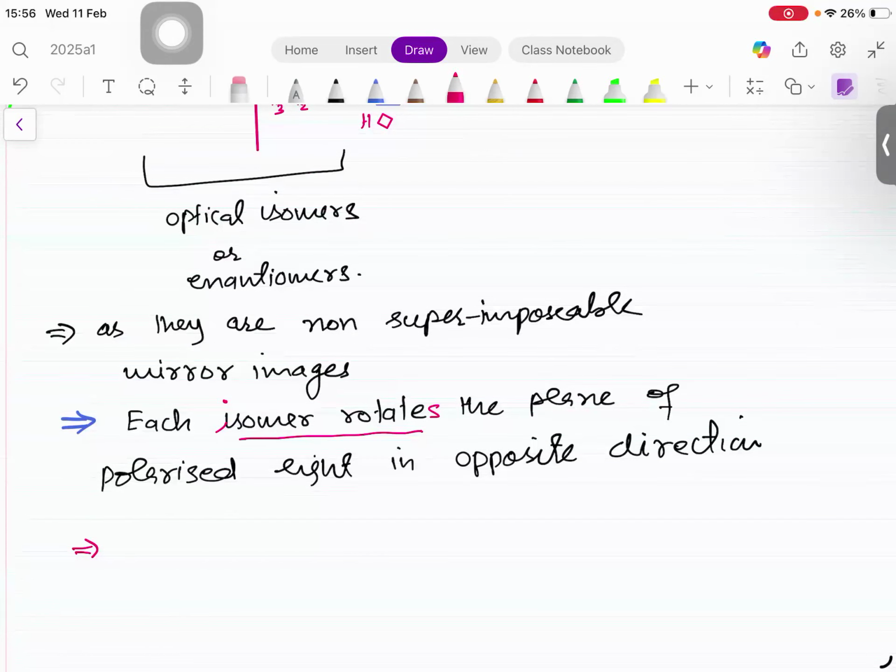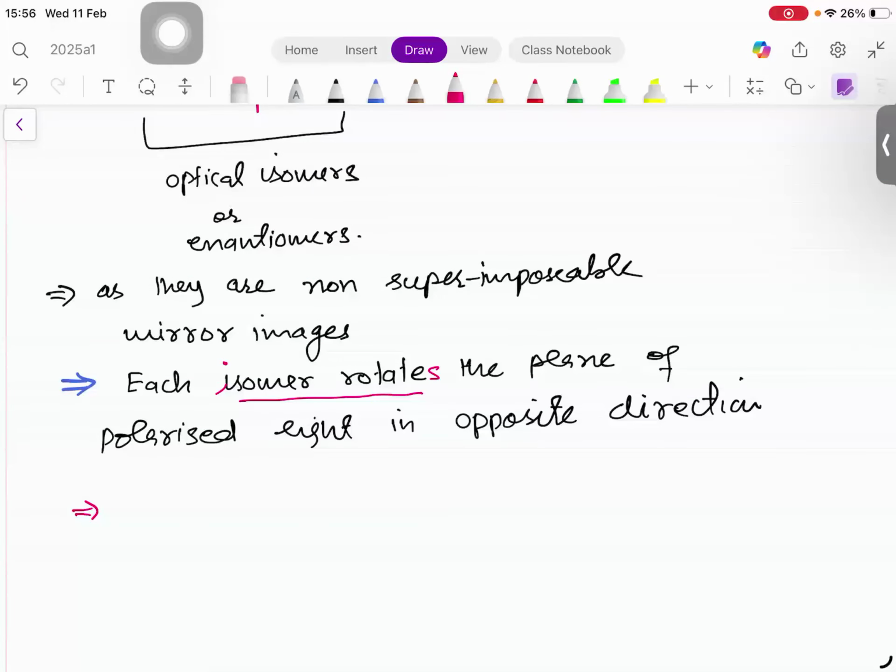Okay. Otherwise, every other property is the same.